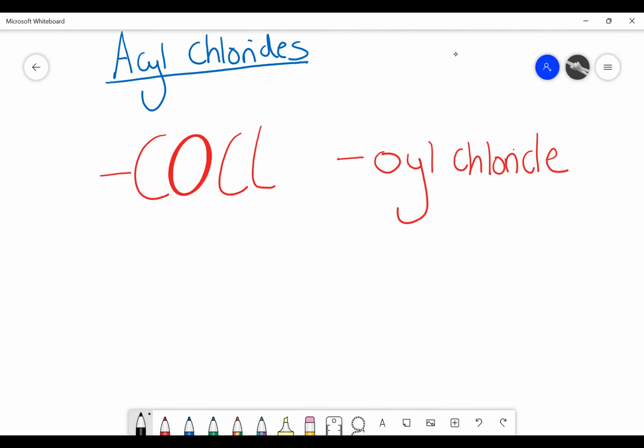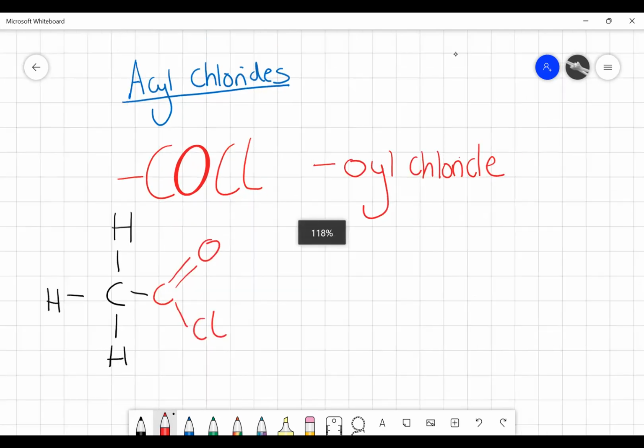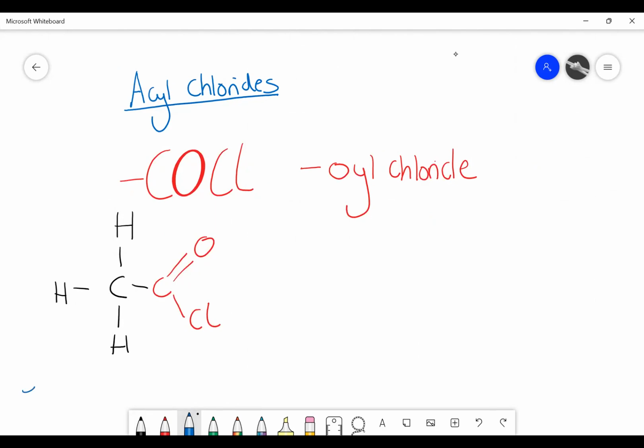I'm going to draw the functional group in red, just so you can tell that that's the functional group we're looking at. And that is ethanol chloride.